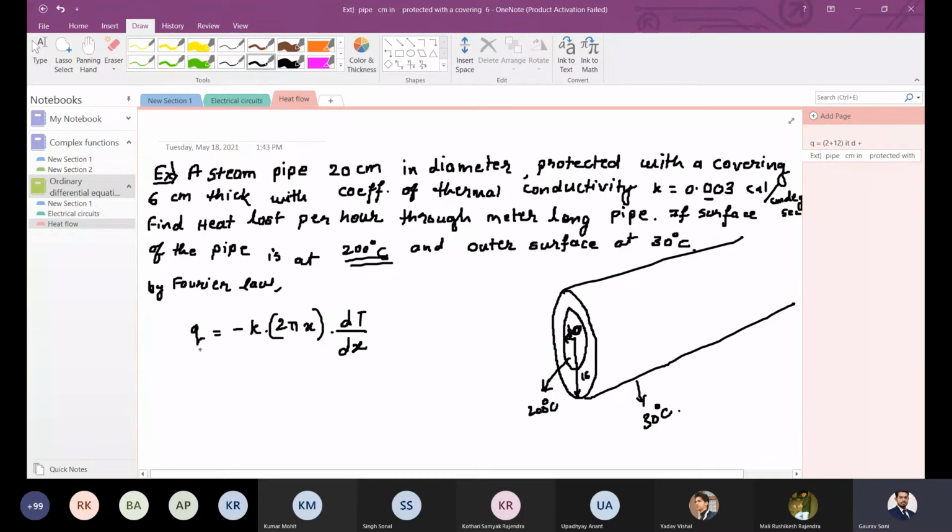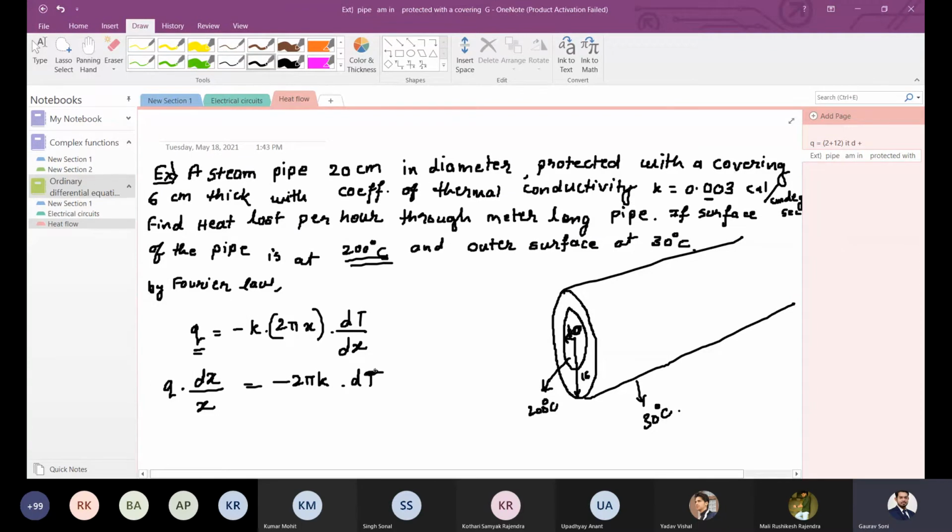Remember that the heat flow Q is a constant number. K is a constant, 2 pi is a constant. How can we solve this? Q dx by x is equal to minus 2 pi K dt. How can we solve this differential equation?